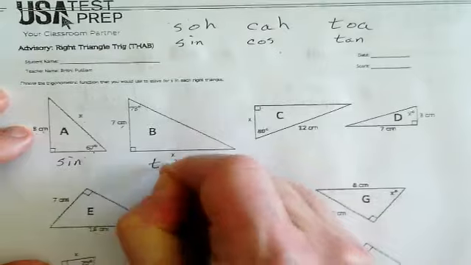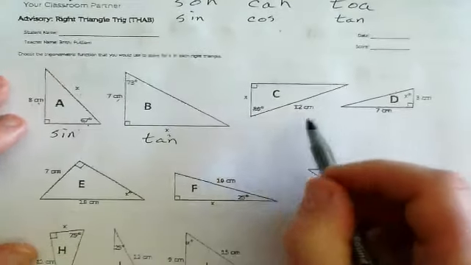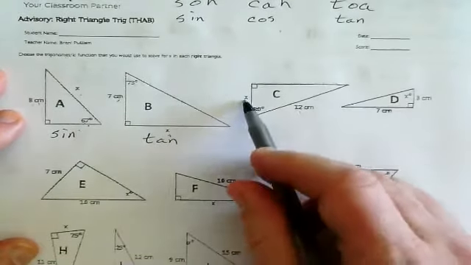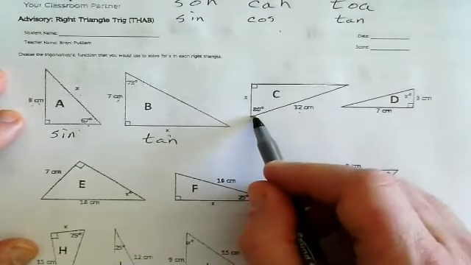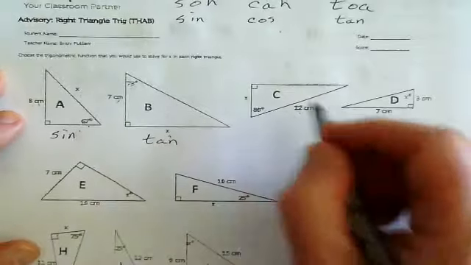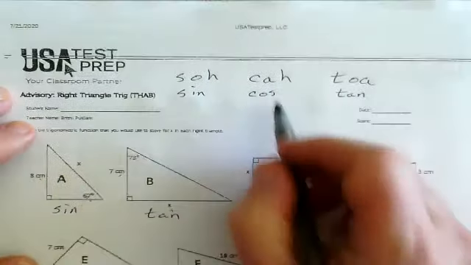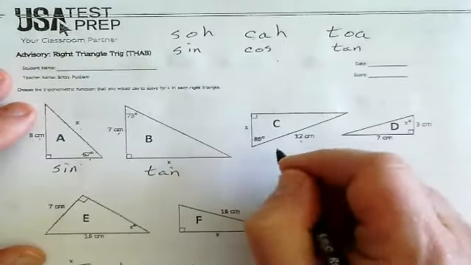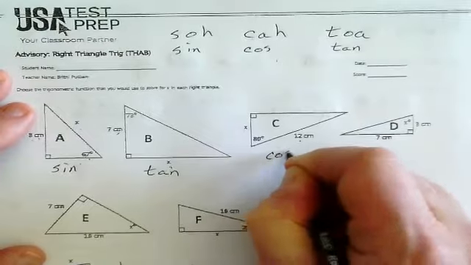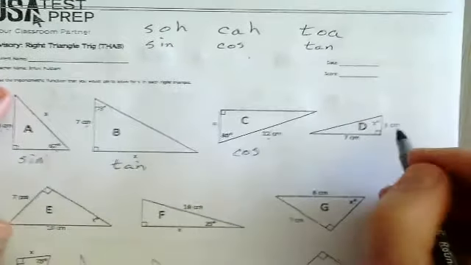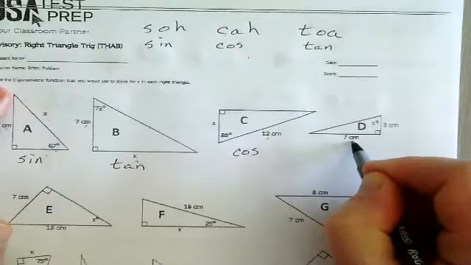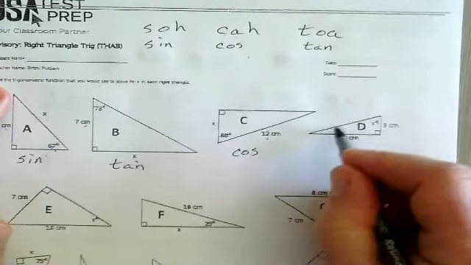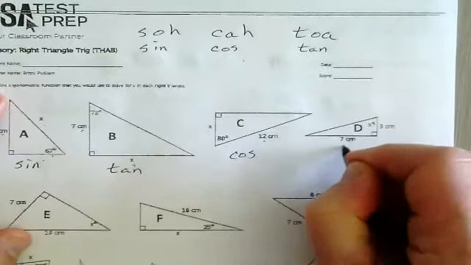So this is simply tangent. Okay, this one, I've got the hypotenuse and I've got the adjacent side to the 80 degrees. So hypotenuse, adjacent, cosine, adjacent, hypotenuse. So this one is cosine. Okay, this one, X, opposite, adjacent, no hypotenuse involved, so this is tangent.